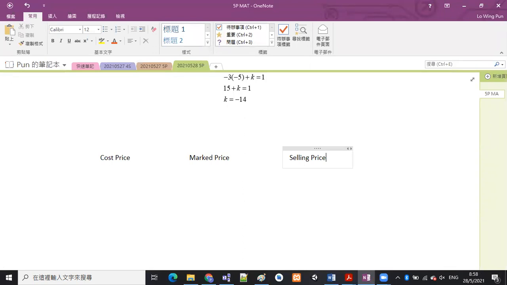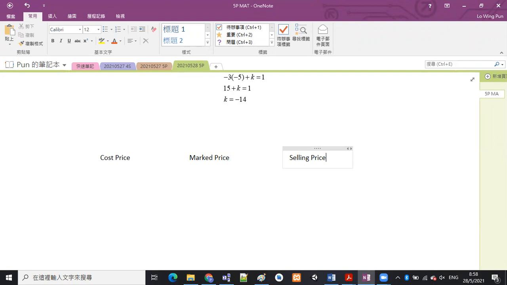So I will give you a discount of 20%. After the 20% discount, the actual price after the transaction will be the selling price of this transaction. That is the actual money that you have given me, that I received.